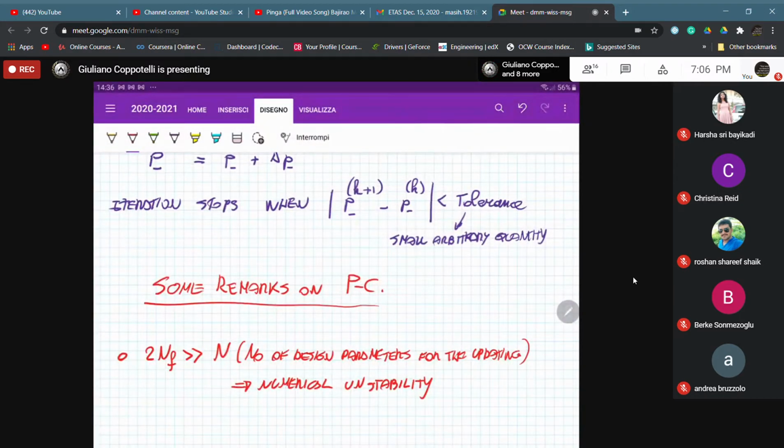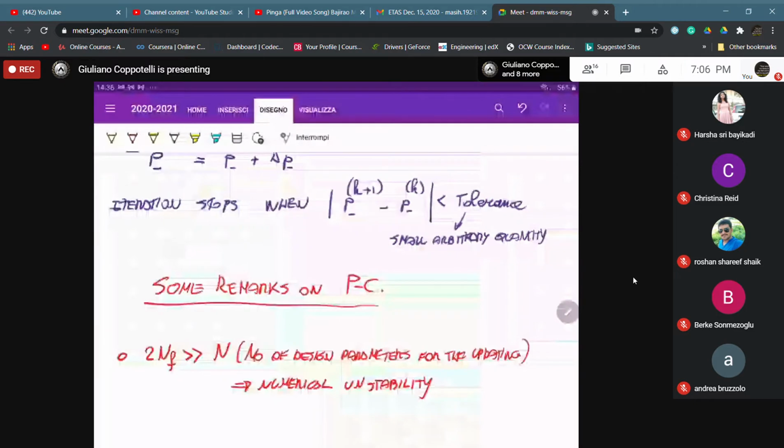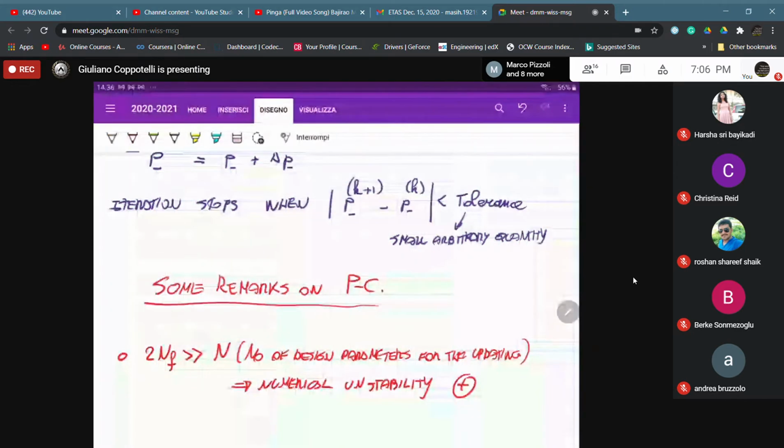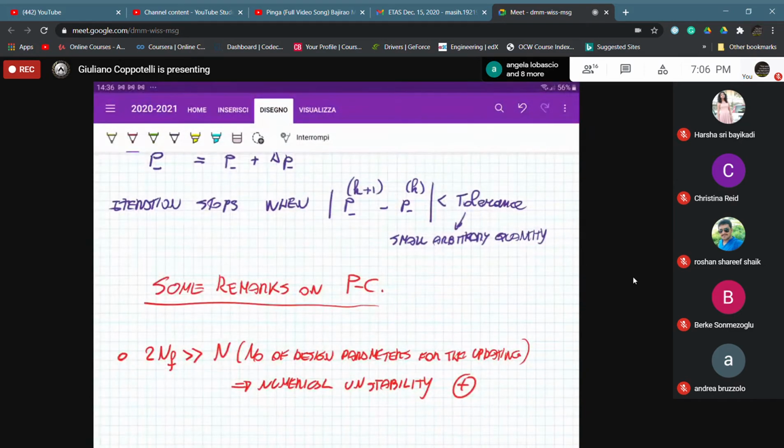Okay, and moreover, because this information is much larger than the information required to solve the problem, the number of rows, if you want, is much larger than the number of columns.